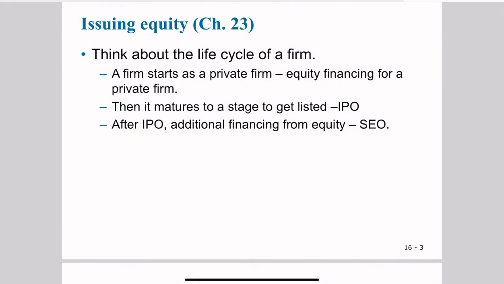As the firm matures, it will file for an IPO, so we would talk about the initial public offering. After the IPO, the firm could do other rounds of equity issuance, and this is the seasoned equity offering. So we basically have three sections: private firm equity financing, IPO, and SEO.